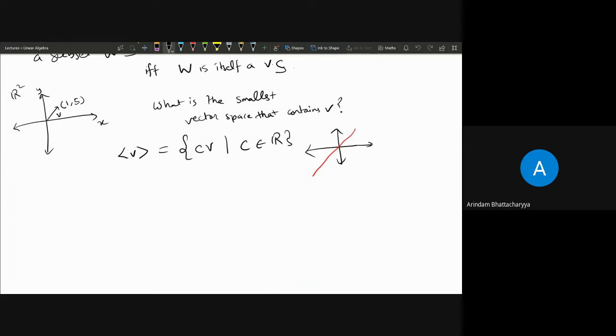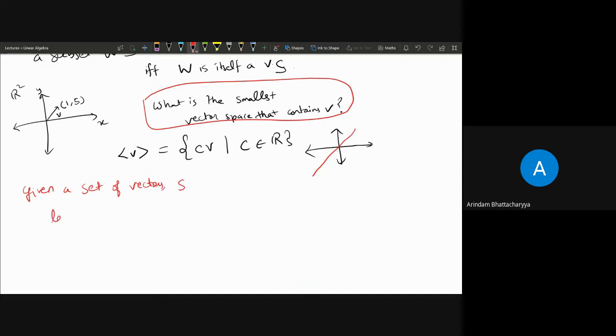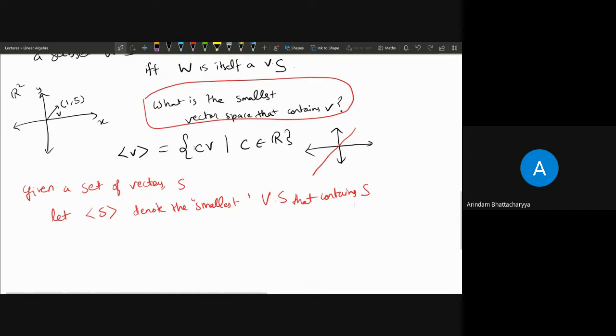Alright, so this is a very natural thing to ask, and in general, given a set of vectors S, let this be the notation to denote the smallest vector space that contains S.